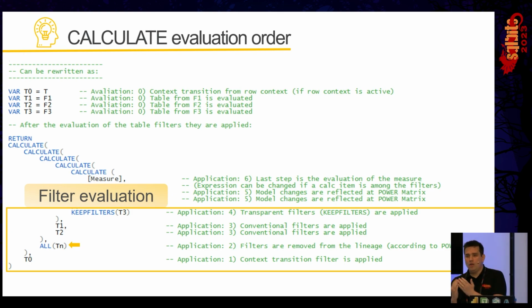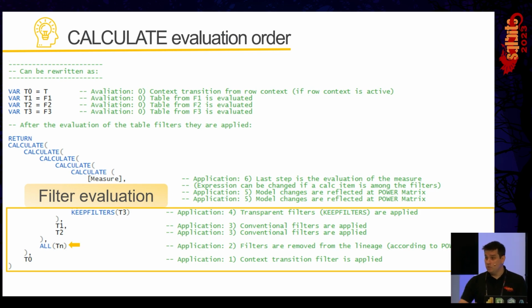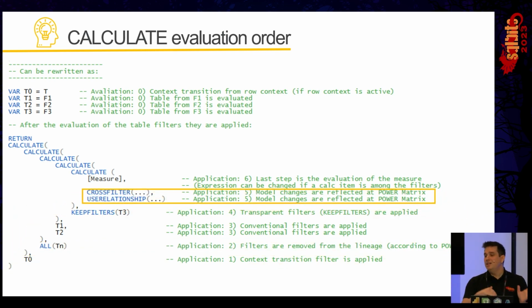Whenever you put ALL or REMOVEFILTERS on some fact table or some dimension table, it is taking into account the current model. If you have one model modifier over your CALCULATE, it didn't take place yet, all right? It will be taking place later on. So it's really important for us to differentiate between those kinds of things.